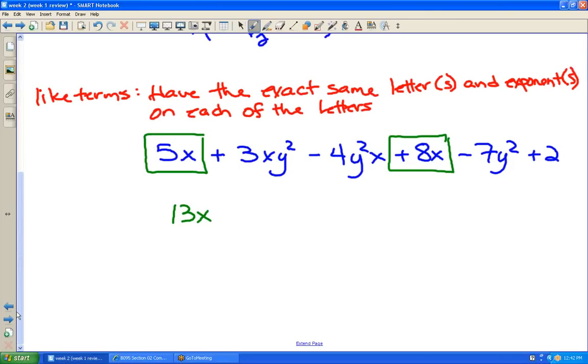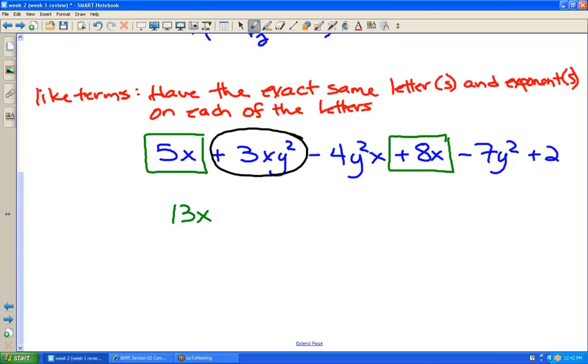Then I still have more mess in my problem that I haven't dealt with. So then I'm going to look at my next term. And my next term, like here, is my 3xy squared. So for this one, I have an x, which doesn't have an exponent, it really has an exponent of 1. And I have my y, which I need a y squared. Okay, so I'm looking for y squared and a plain old x. So I look at the next term.